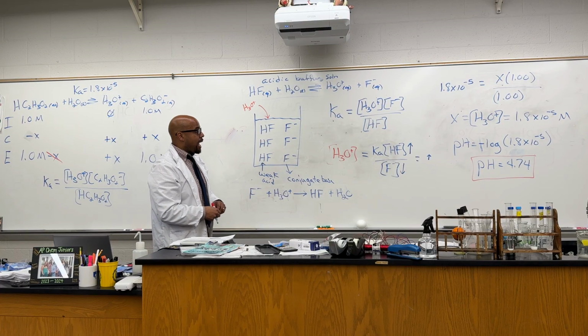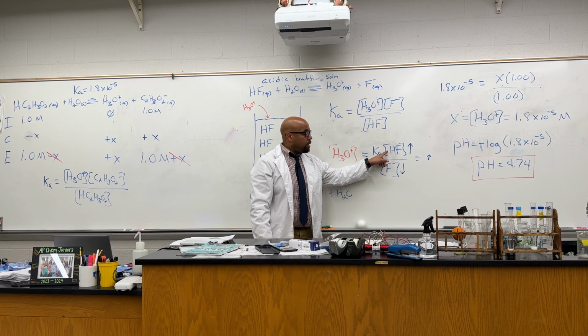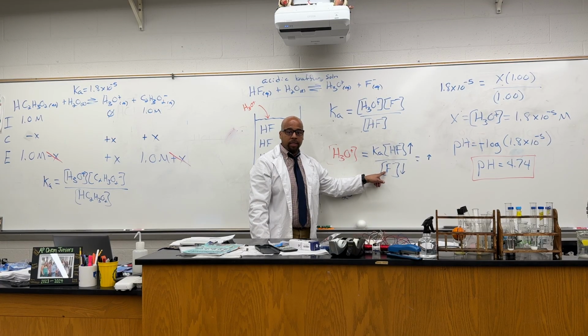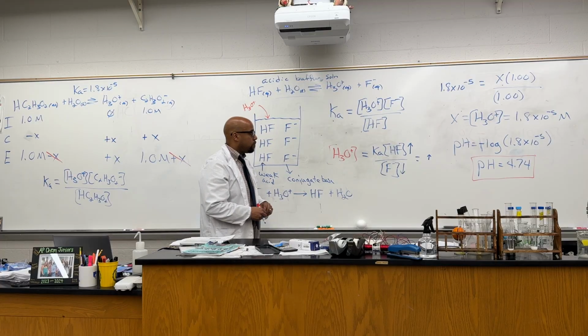If I have a lot of HF and a lot of the fluoride, and we're going to talk about this in a second because it's called the buffer capacity, say I have 1 million of these and 1 million of the fluoride right here.